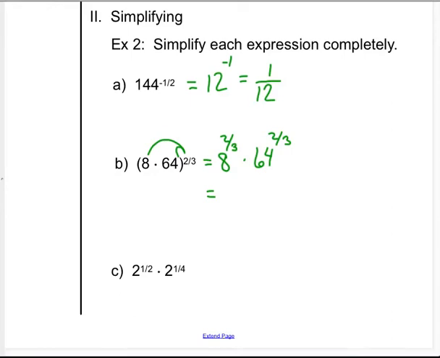Again, the denominator means the root. So I'm taking the cube root of 8, which is 2, and then squaring it, so that's the numerator. The cube root of 64 is 4, and it's still to the 2nd power. So I take care of that denominator before I take care of the numerator. 2 squared is 4, 4 squared is 16, and 4 times 16 is 64.